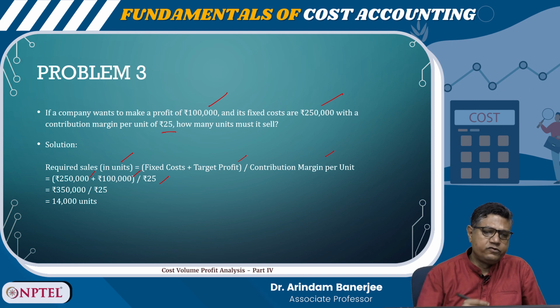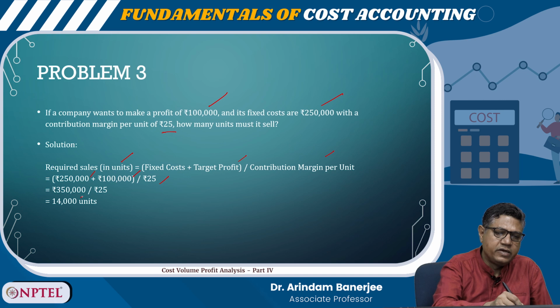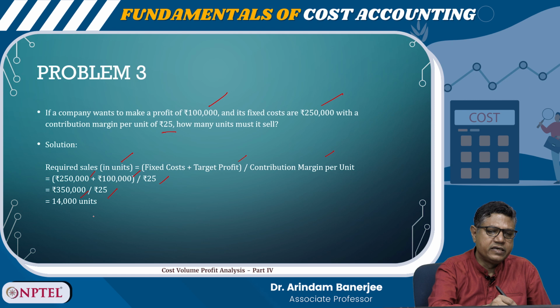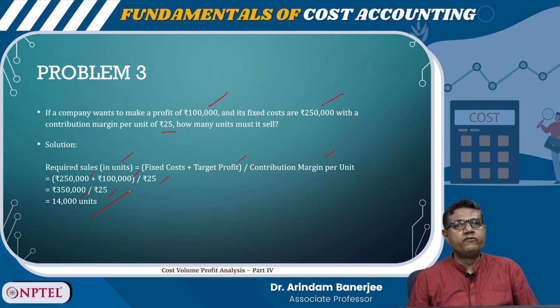If I solve, 2,50,000 plus 1 lakh is 3,50,000 divided by rupees 25. So, the number of units to be produced is 14,000 units. Okay, so this was problem number 3.